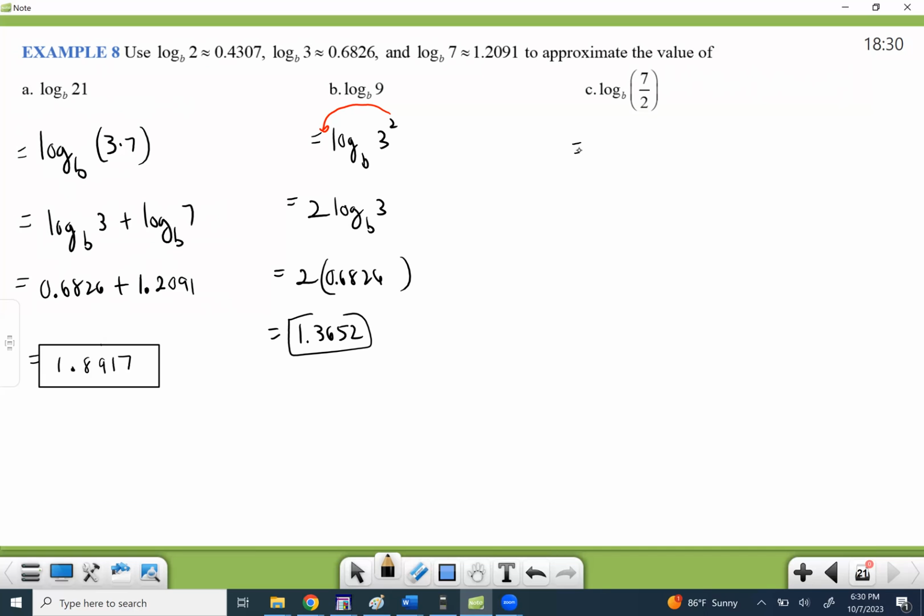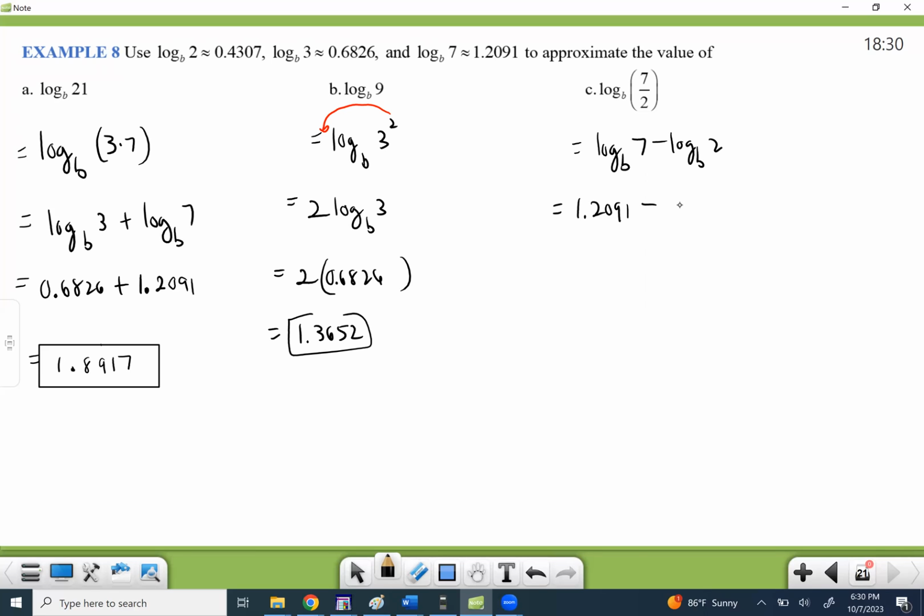We know that division becomes subtraction. So we're going to do log base B of 7 minus log base B of 2. And we're going to fill those in. Log base B of 7 is given to us in the directions.